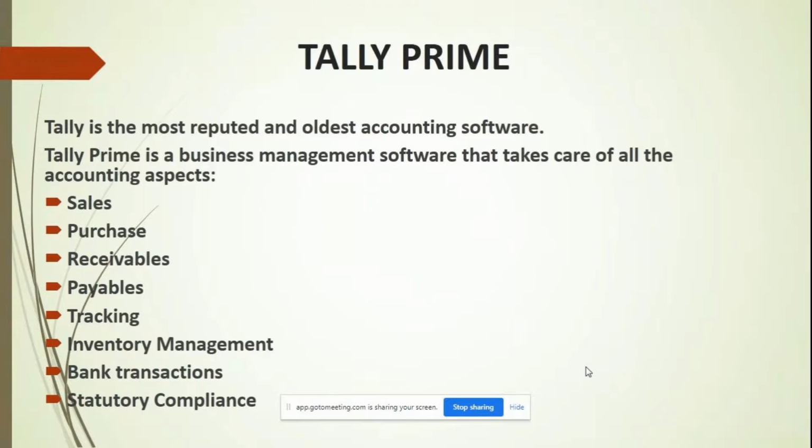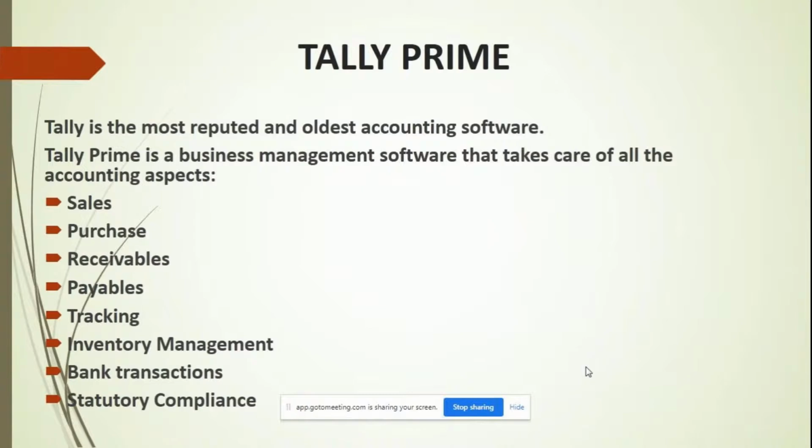So there are three aspects or three phases of Tally. It is accounting software, a business management software, and an application software. That's what I've given here. Tally is the most reputed and the oldest accounting software. It is a business management software that takes care of all the accounting aspects.